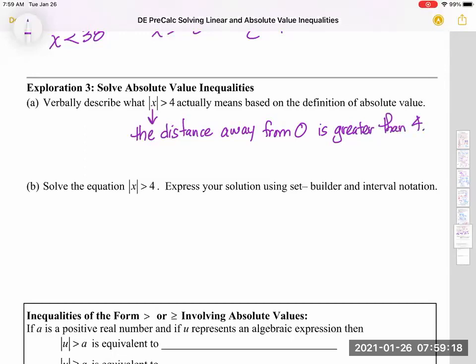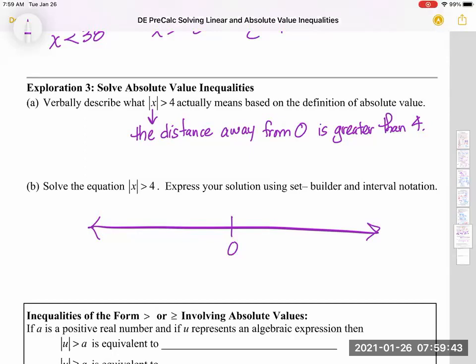So all the numbers on the number line that are a distance greater than 4 units away from 0. That's what you're doing when you're solving that absolute value. So let's take a look at it.